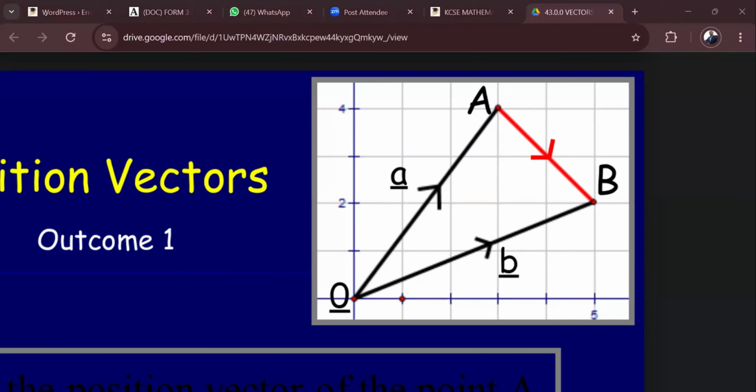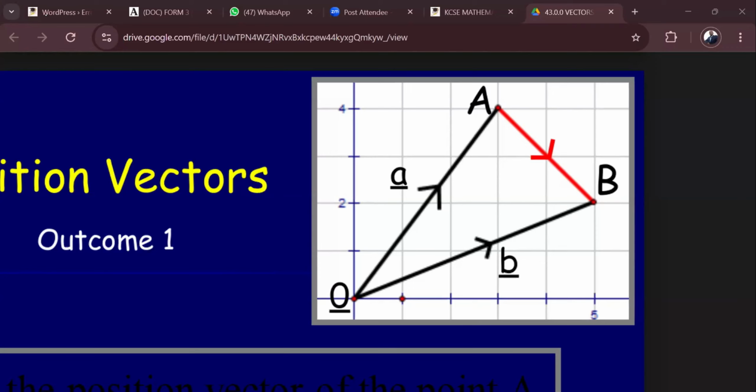So you have to move from A to O, then from O to B. So vector AB is equal to AO plus OB, whereby for AO we are moving against what was given as vector a. So it will be negative a plus b.